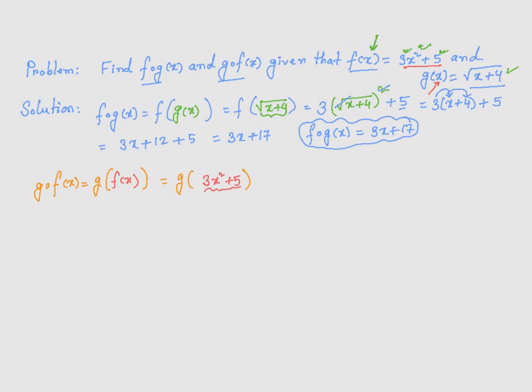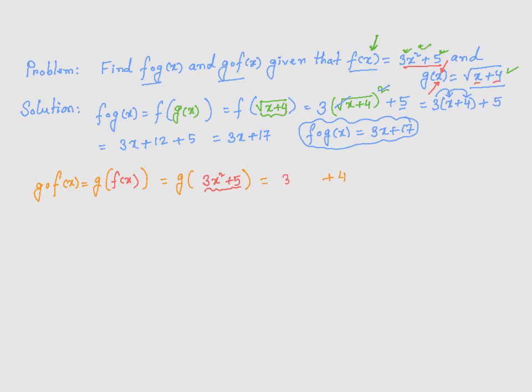Remember, try to think of the function argument as an input. That means whatever is inside this parenthesis is an input to the function. What the function does to the input is add 4 to it and take a square root of it. It's going to do the exact same thing here. So what is the input?